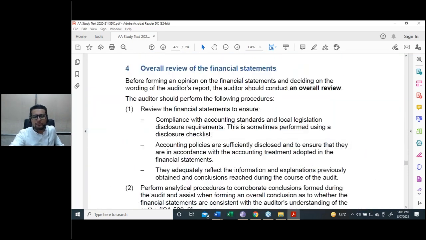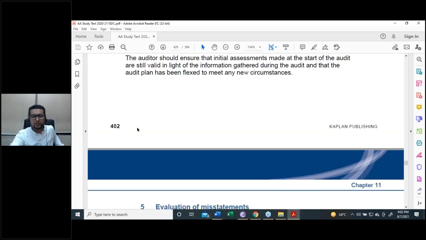Okay, one more important thing. If there is a subsequent event, by the way, how many categories of subsequent events do we have? 2, adjusting and non-adjusting. Adjusting events require adjustment, whereas non-adjusting events just require disclosure. Now imagine there was a subsequent event which, according to the definition of IAS 10, was a non-adjusting event.